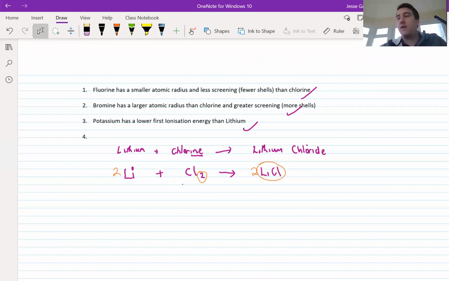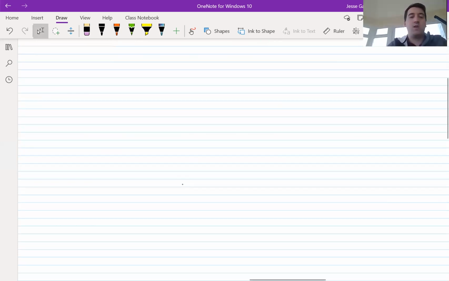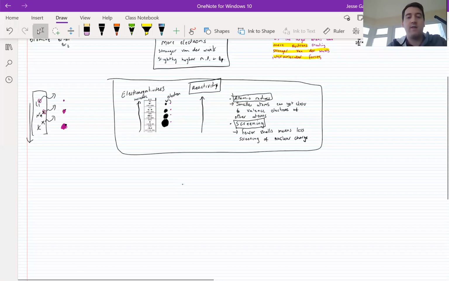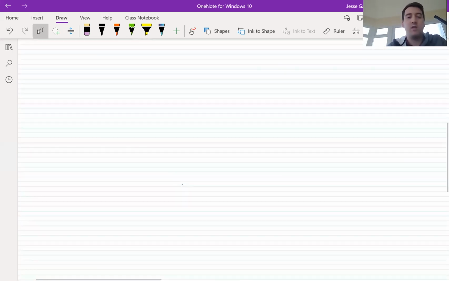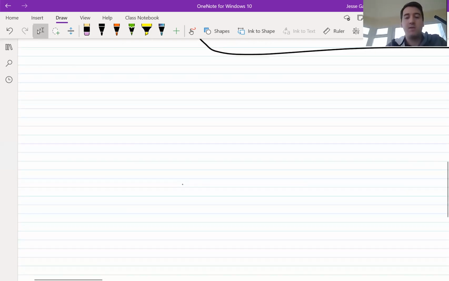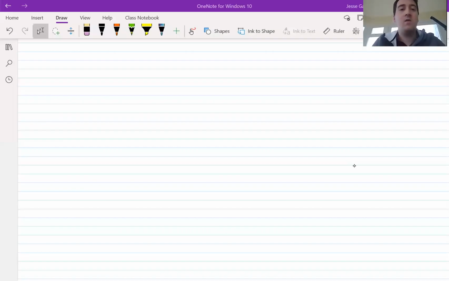Right, just one more note to do. We're going to take a brief look now, because we are going to look at this again in a future topic when we study something called redox. But we're just going to take a look at a specific type of reaction that the halogens do. I'm going to take a look at this chemical reaction.